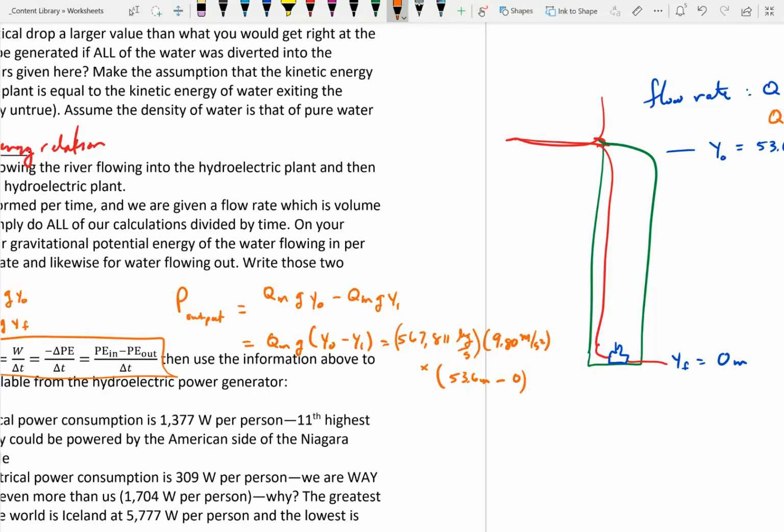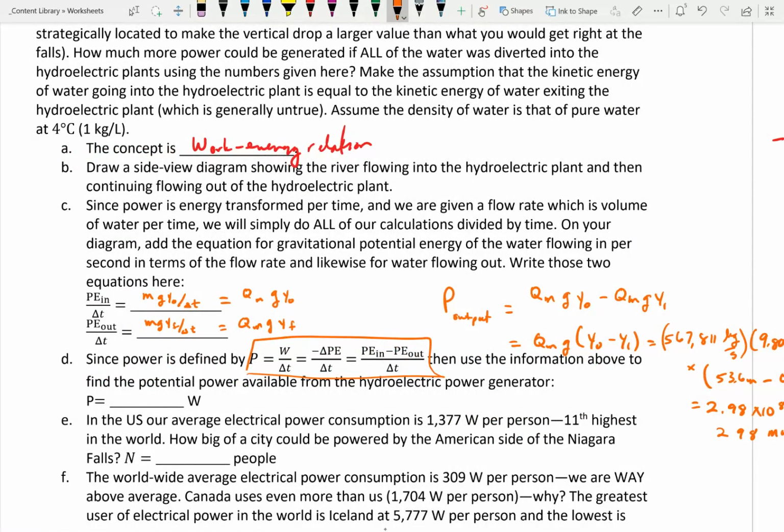So if I multiply all of those through, then I get a value of 2.98 times 10 to the 8 watts, or 298 megawatts. So I'm going to put 298 megawatts. Make sure it's a capital M, doesn't look like a lowercase m.